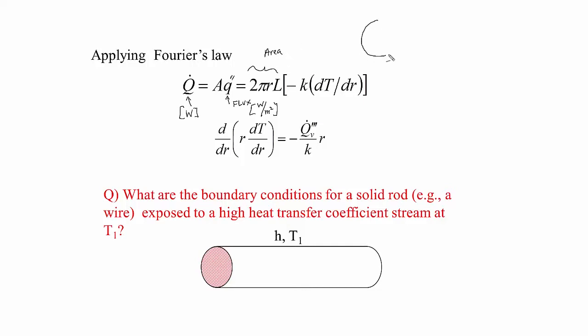The area that this Q prime crosses is the perimeter, this 2 pi r, times the overall length of this section, which is this L into the board. And of course, this is our definition of Fourier's law.